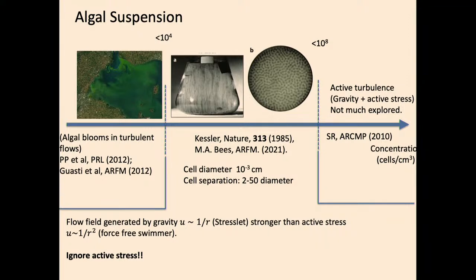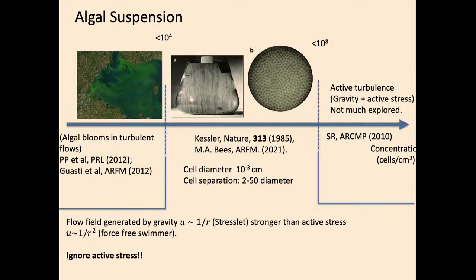Therefore, for what we are going to talk about today, we are going to ignore active stress. This has been a theme over the last few years which I am working on, where we look at systems which belong to active matter, where activity comes through self-propulsion of the organisms, and the active stresses are not so important.